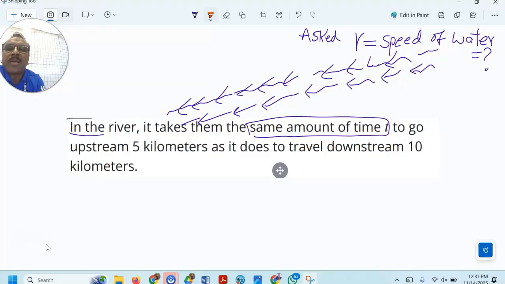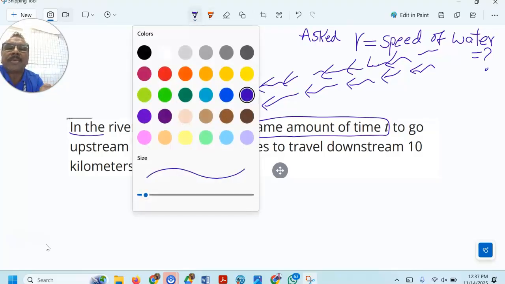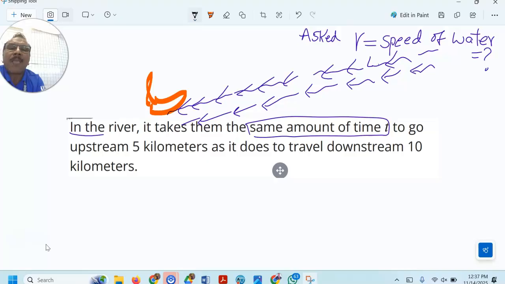So if this is the boat, and the boat goes upward like this, going up will be a little difficult because the water is going against the boat, right? So let's say this is 5 kilometers.